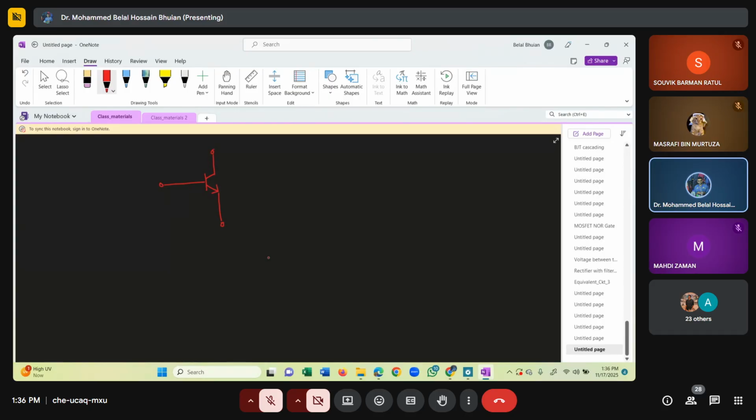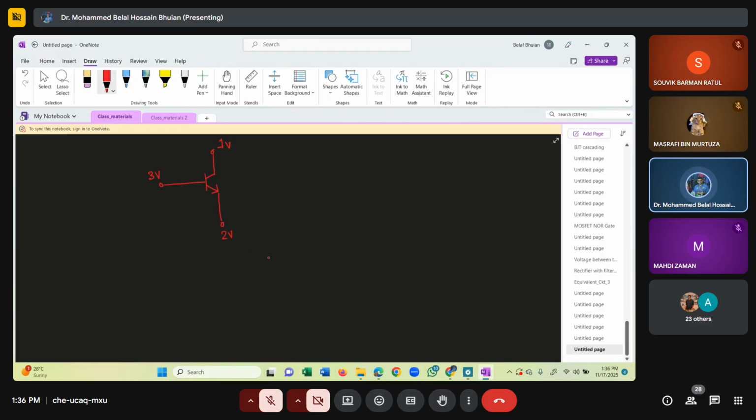Let's say the base terminal voltage is 3 volt, the emitter terminal voltage is 2 volt, and the collector terminal voltage is 1 volt. Given these terminal voltages, I need to find out which region the BJT is operating in: active region, saturation region, cutoff region, or reverse active region.